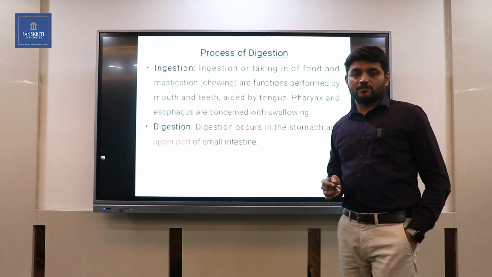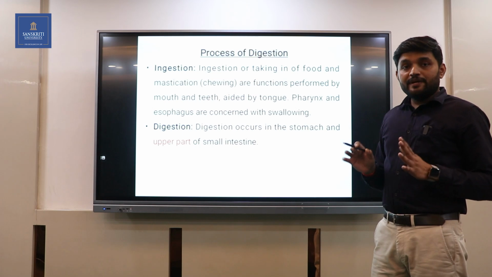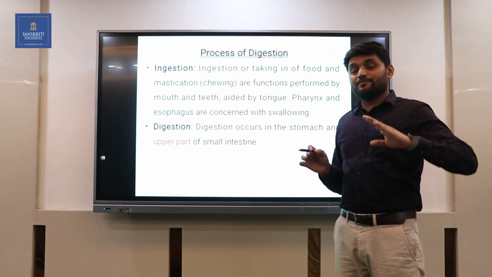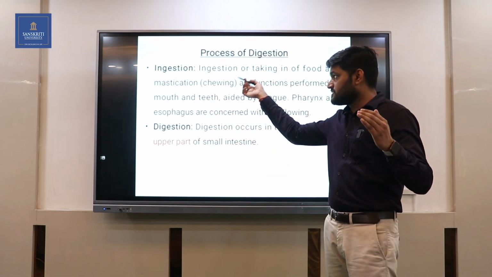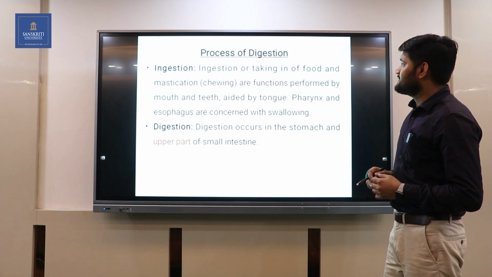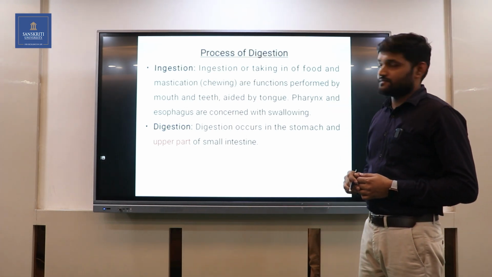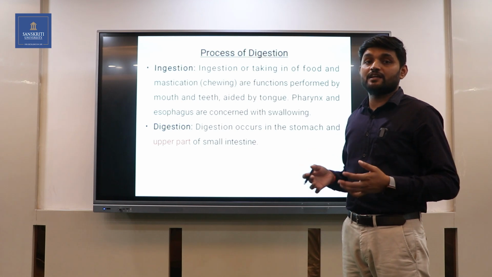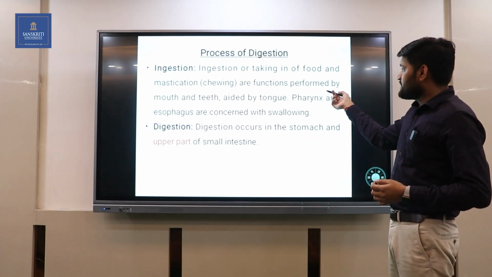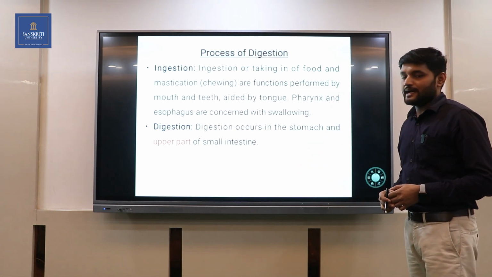Process of digestion. Basically, there are four stages in the process of digestion. First, ingestion: the taking in of food, and mastication. Mastication means chewing, performed by the mouth and teeth.